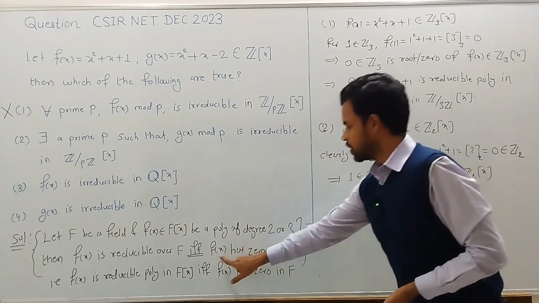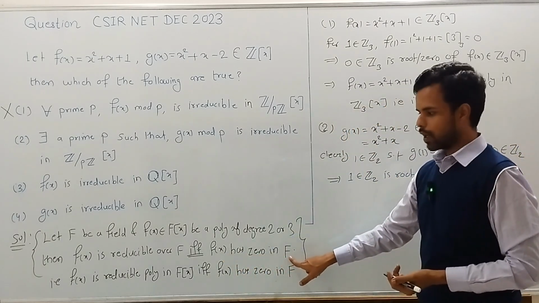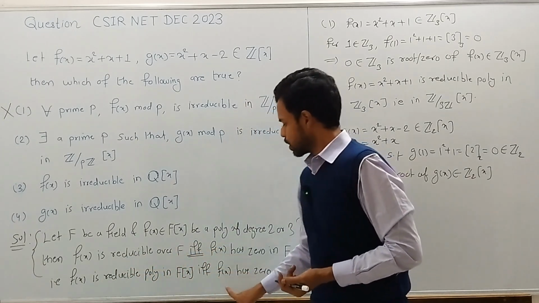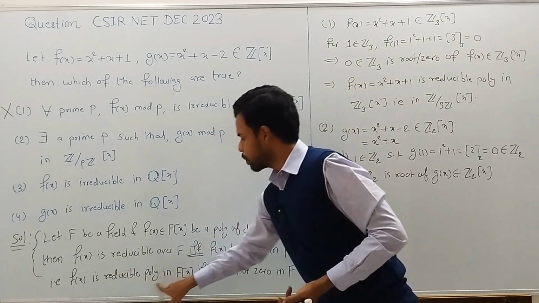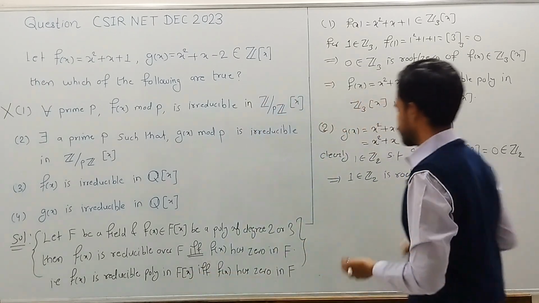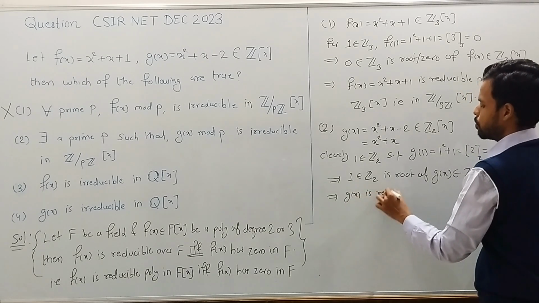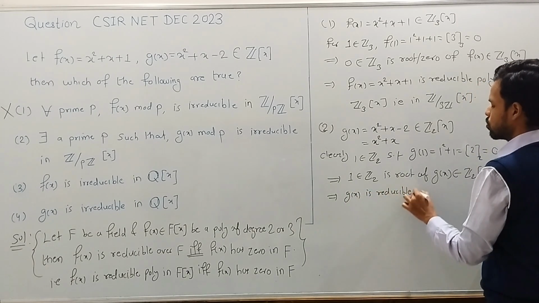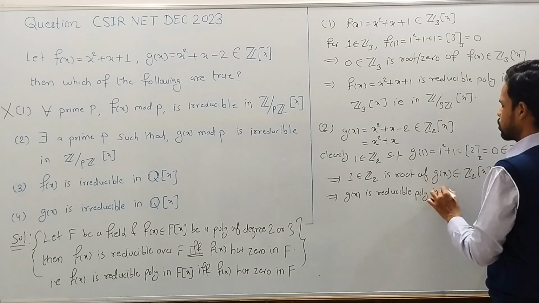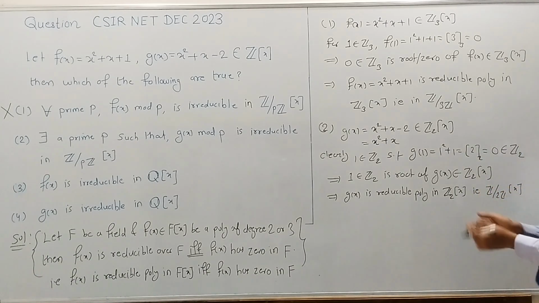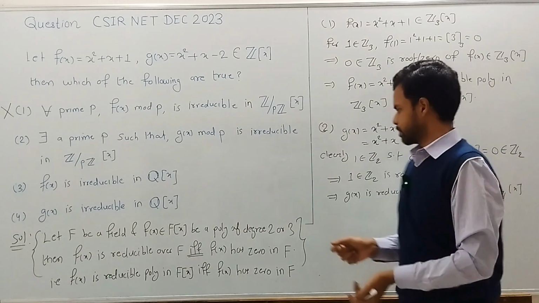Again, by this result, g(x) has a root in Z2, which implies g(x) is reducible over Z2. That is, g(x) is a reducible polynomial in Z2[x], that is in Z/2Z[x].